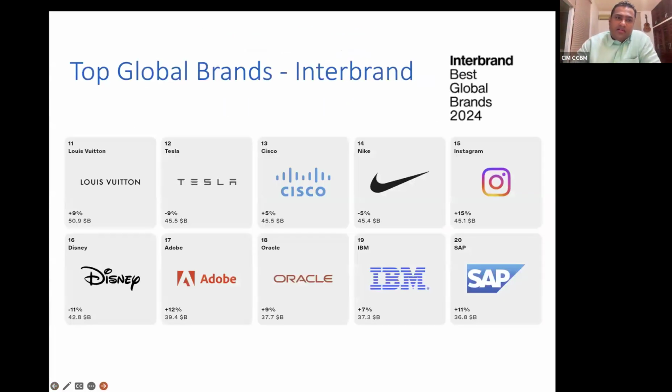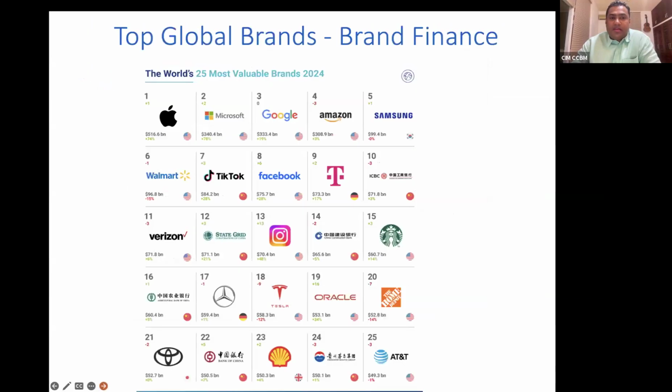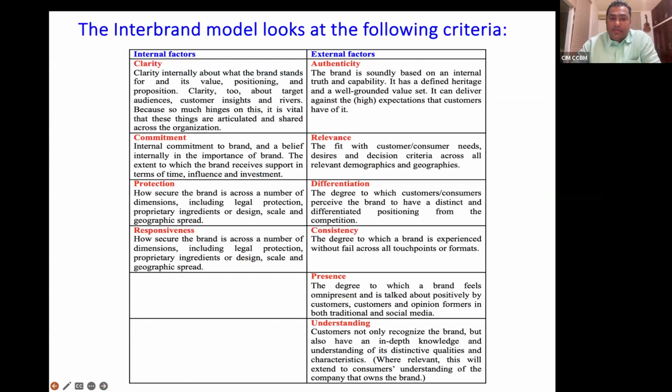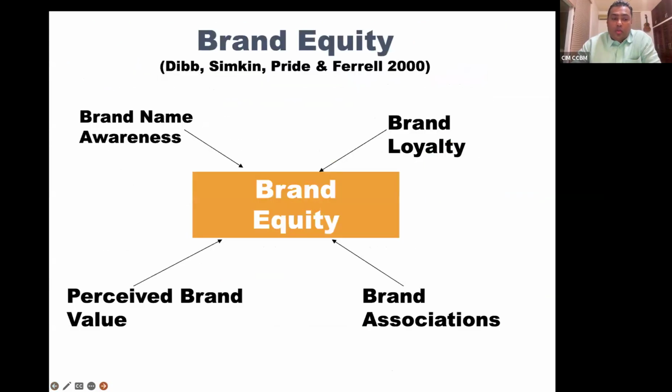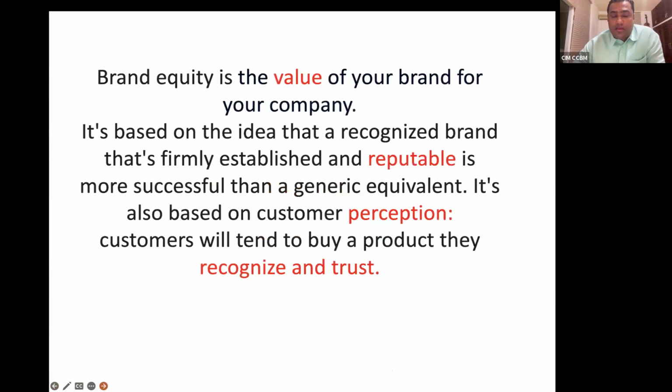This is the Interbrand brands ranking. Interbrand is a US company, right? This is the Brand Finance, which is a British company. 2 leading companies that do brand valuing, right? So what is brand equity?